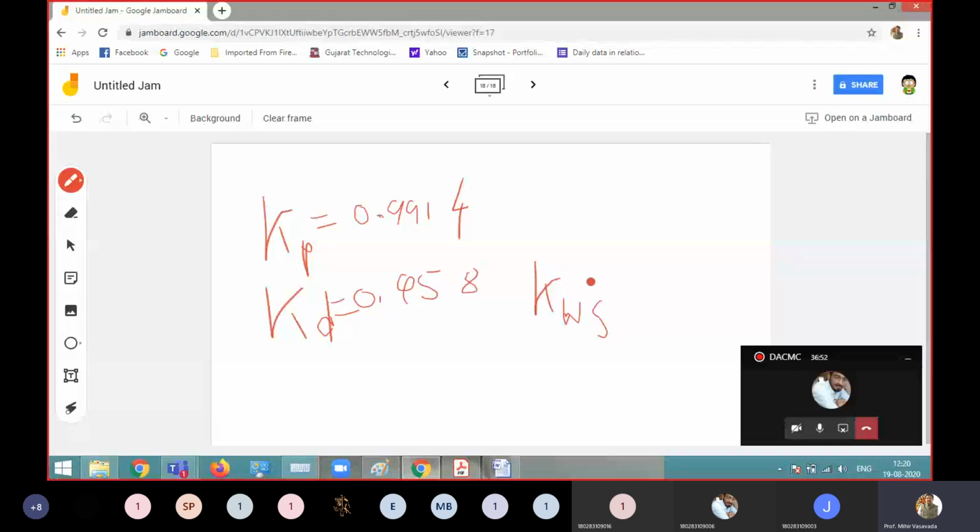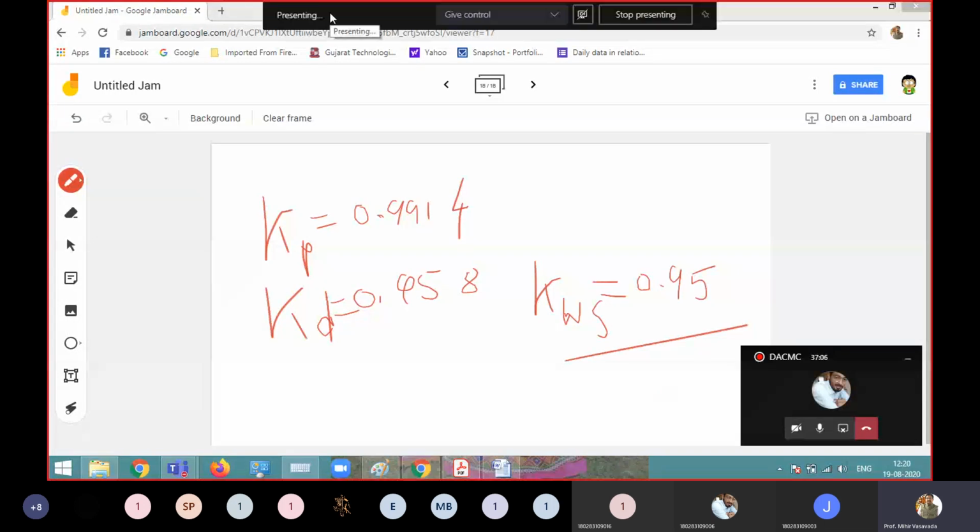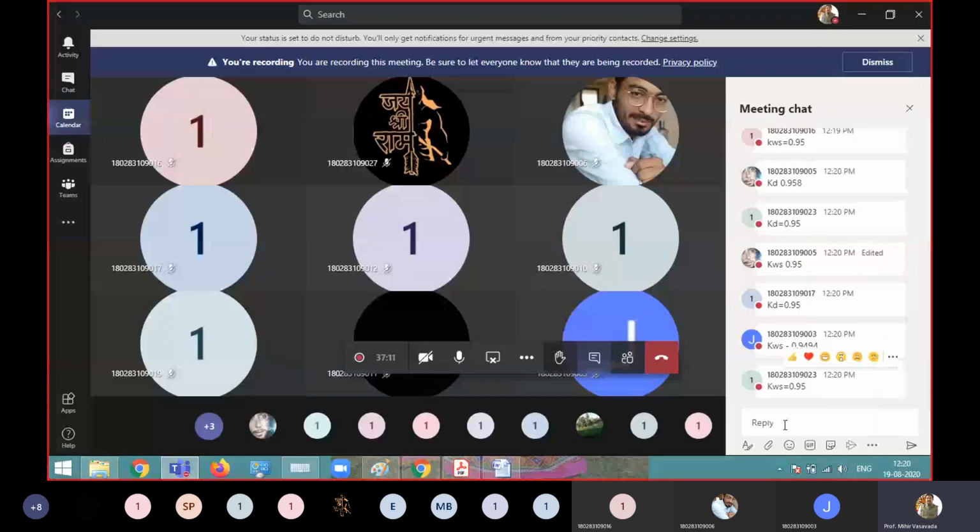Right? And KWS gives you 0.95. If you remember, in previous stator design sums, we are taking KWs or KWr equals to 0.95. It is always near to this. Right, good. Everyone is getting answer. It is very good.